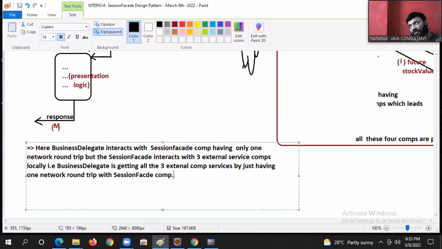One network round trip with the SessionFacade component. That is nothing but the dummy component, guys.